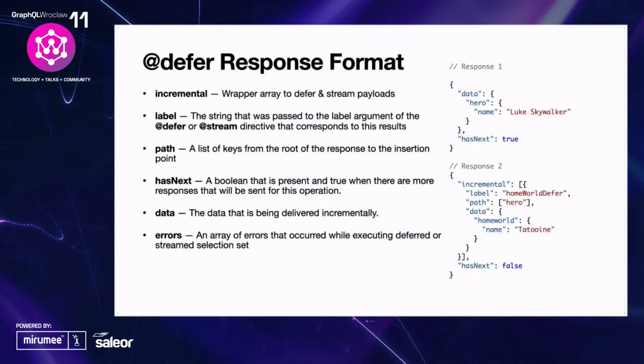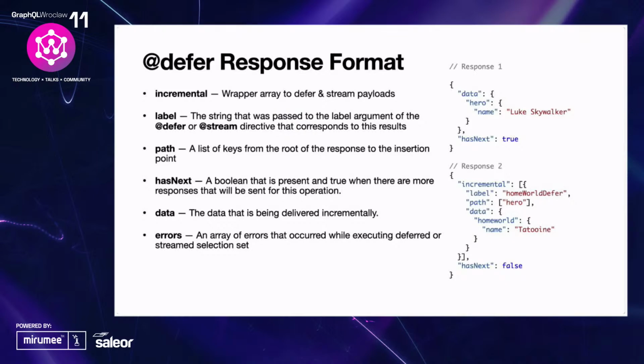Then there's the hasNext property, which is going to be present and true when there are more payloads that'll be sent. And the last response will always have hasNext false. And we're not adding hasNext to single response operations because we want to preserve backwards compatibility with GraphQL servers that don't have support for defer and stream.